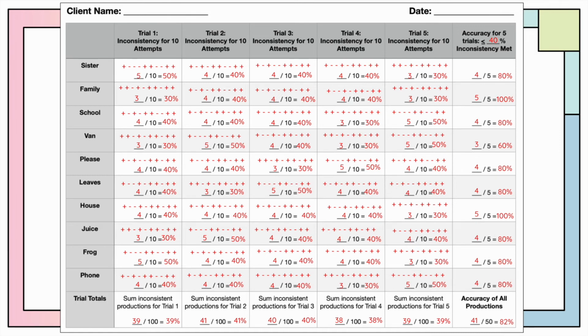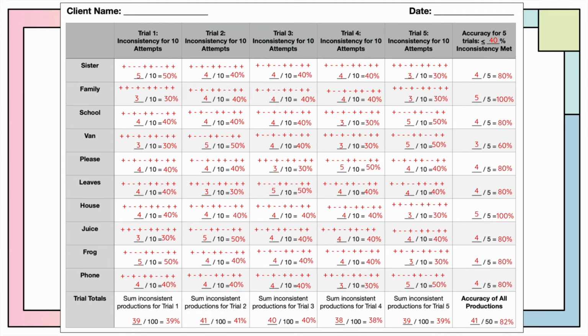Recall for this mock session, like I said, the goal was to have an inconsistency score of 40% or less. You can see that in the very top right, it says accuracy for 5 trials, less than or equal to 40% inconsistency met. So you're counting any trials where 40% or less inconsistency was found. Those are the trials that they have successfully met that inconsistency percentage.